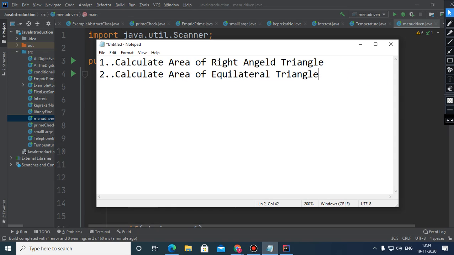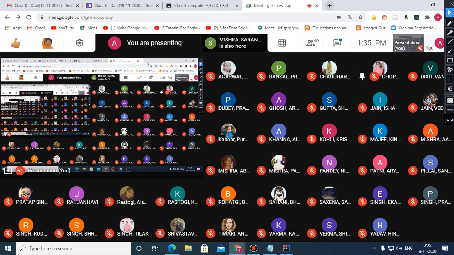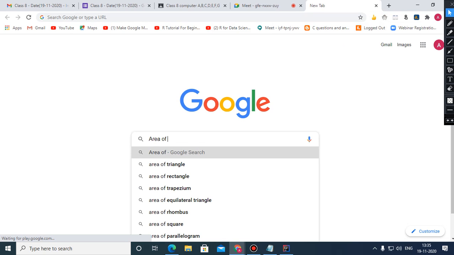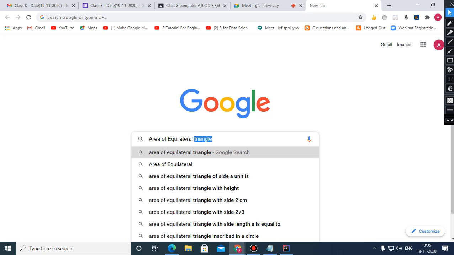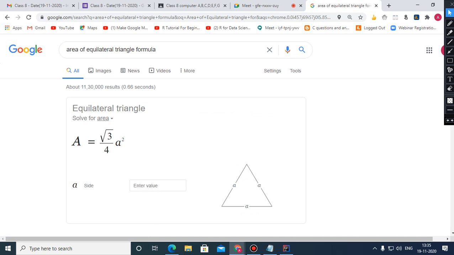So children, first of all, you must know the formula for calculating the area of an equilateral triangle and then the area of a rectangle. So I hope you all know this formula. And if not, then please tell. Area of an equilateral triangle, here it is root 3 by 4 into side square.